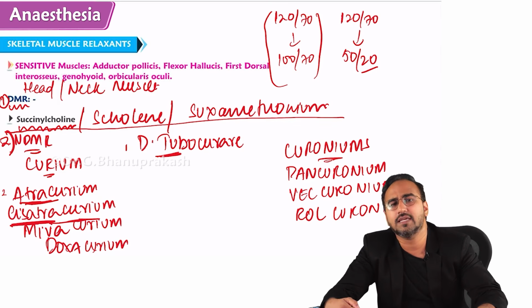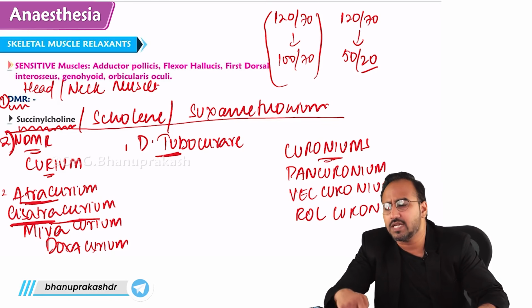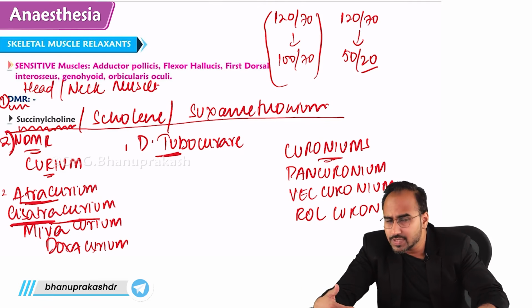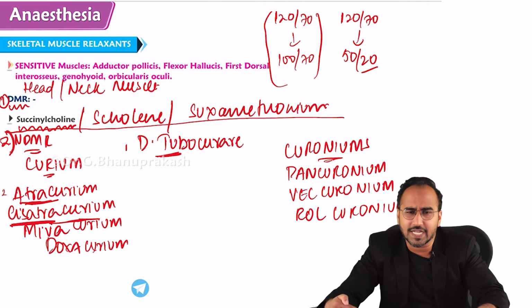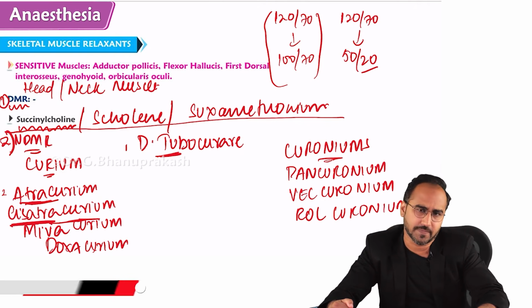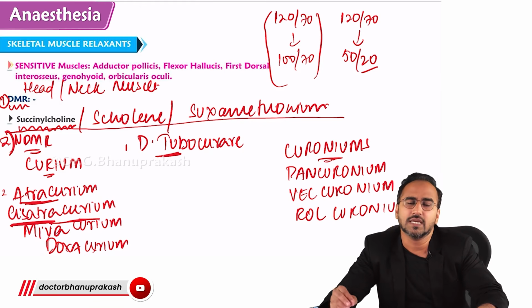So next came the shortest acting non-depolarizing muscle relaxant, on the request of group 1 surgeons whose query was daycare surgery. It was called Mivacurium, the shortest acting non-depolarizing muscle relaxant used for daycare surgery, right?